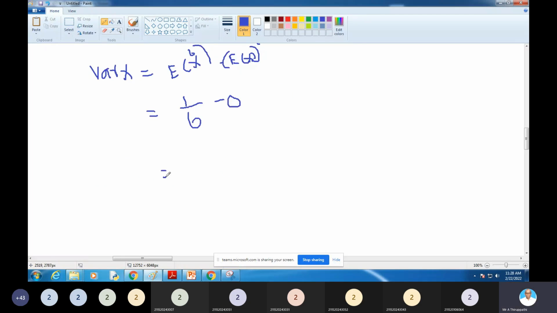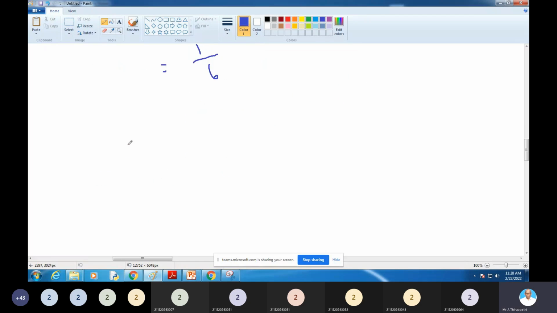So the variance of x is 1 by 6. The standard deviation is nothing but the root of variance of x, which is equal to 1 by root of 6. This is the variance of the given function.